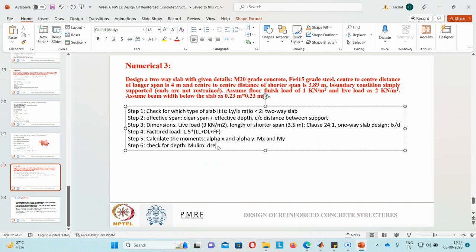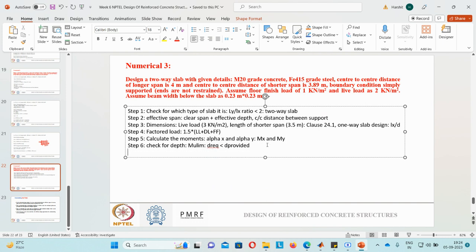So d required should be less than d provided. If this is true, then the d that we have provided is safe, and we are safe for a singly reinforced section. Else we need to go for a doubly reinforced section. That is our under reinforced design criteria.